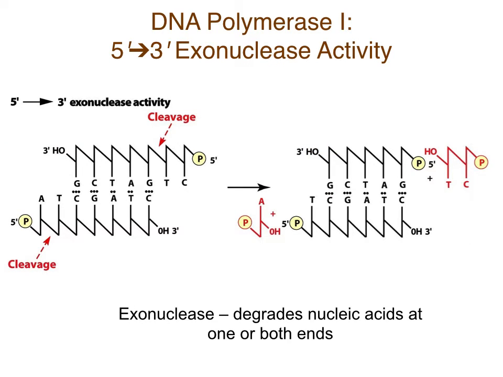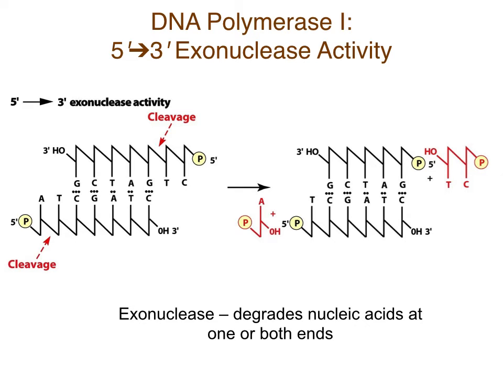It was also found that DNA polymerase 1 had an exonuclease activity. So exonuclease activity is basically the reverse of polymerase activity, where it will lop off or cut off a nucleotide or nucleic acids at the end of a strand.